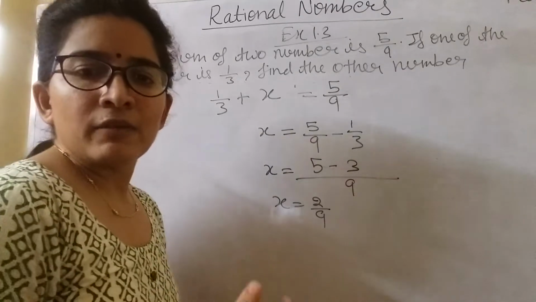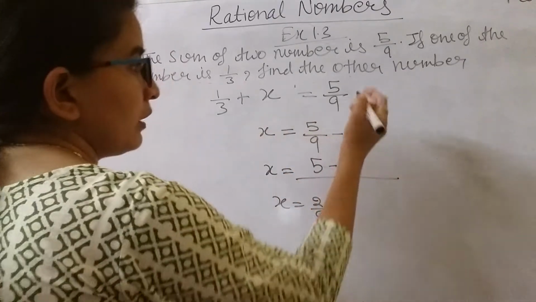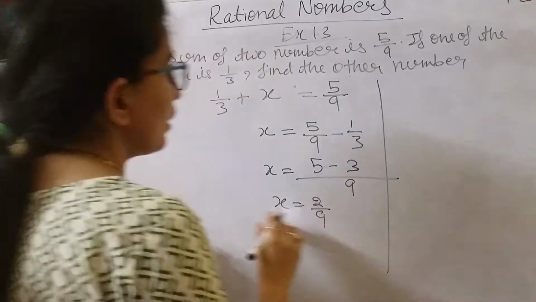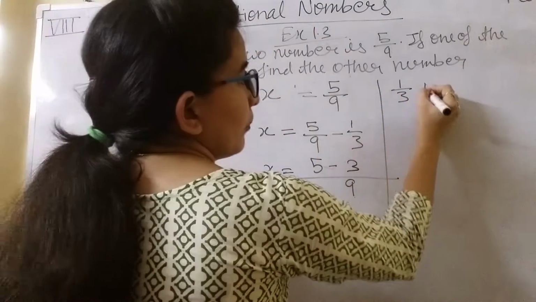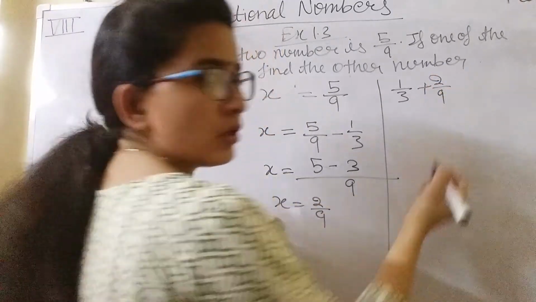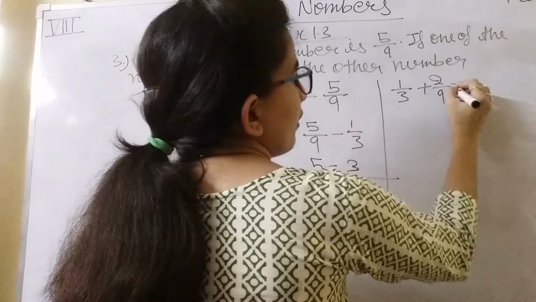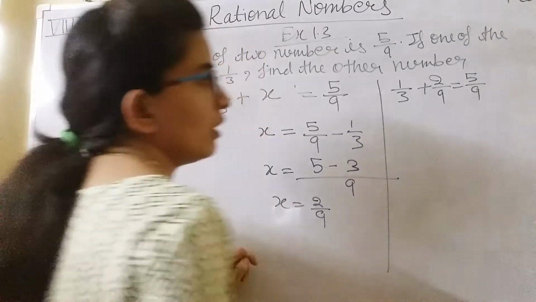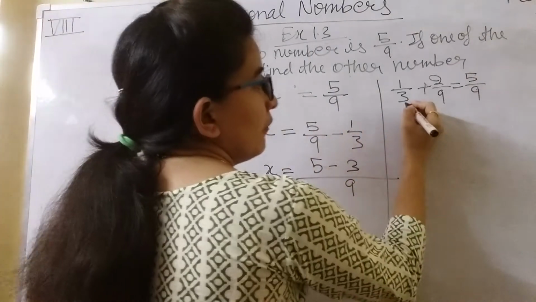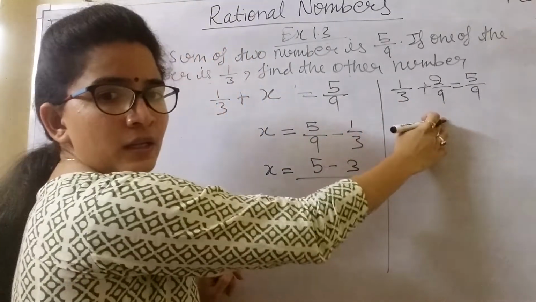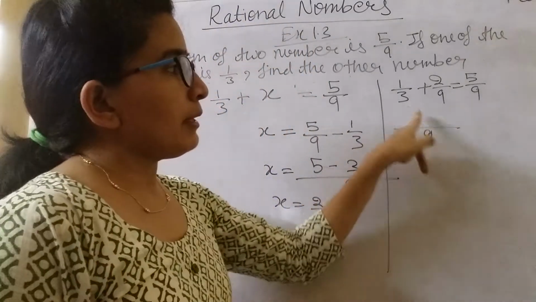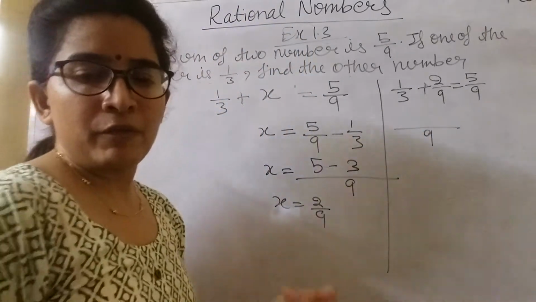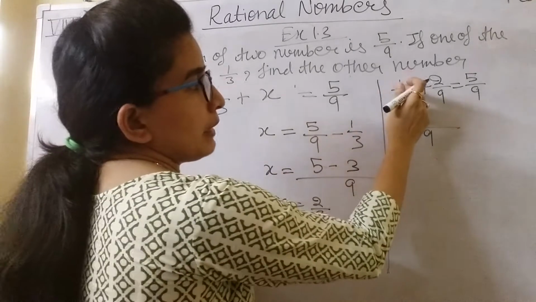So now we can check the value of x by putting it in the question. According to the question, 1 upon 3 plus 2 by 9 should be 5 by 9. Now we can check it. We will take LCM of 3 and 9. That will be 9, and 9 will be divided by 3. We will have 3, and 3 will be multiplying with 1.